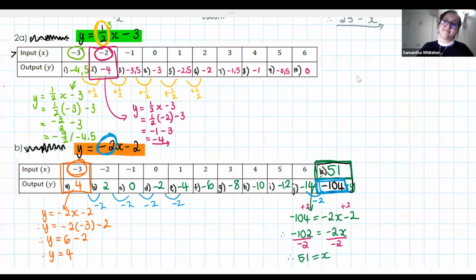Senzo, where are you? Are you good? We don't want to leave anyone under the bus. I saw my mistake, ma'am. Nice, Senzo, nice. Is there anyone, if we're going so fast for you, now is that time when we are slowing down just for you? Please, if you didn't get any of these numbers, and also you don't know how you can get them, please raise your hand so Teacher Sam and I can help you, okay?